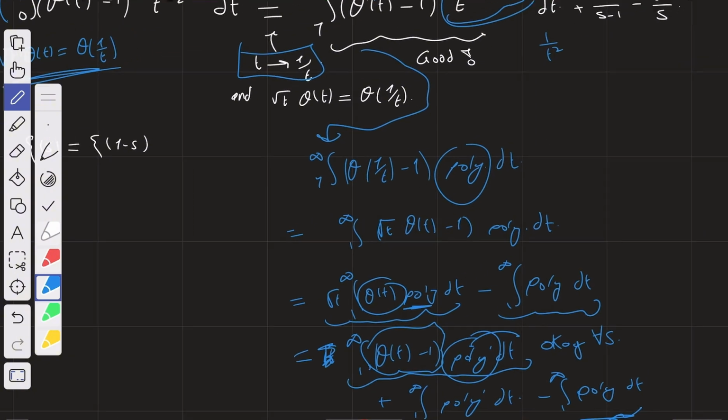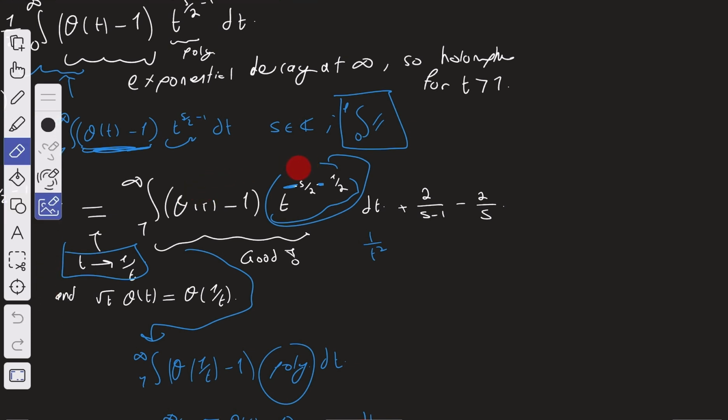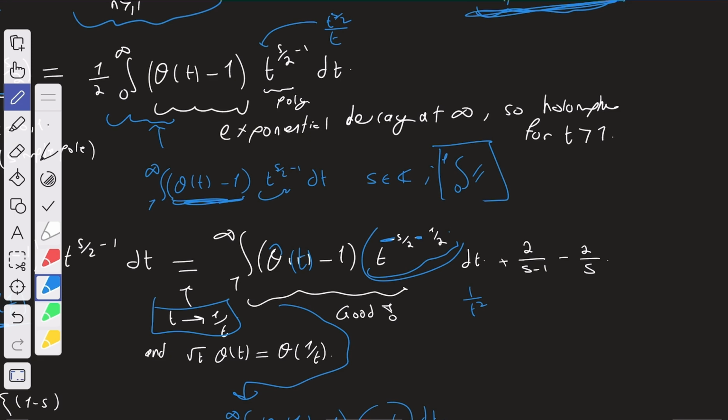If you evaluate these integrals, what you get is theta of t minus 1 times some polynomial, and this is good for every s. And if you evaluate the integrals of the polynomials, which are easy to do, you will get a term which is 2 over s minus 1 and 2 over s.